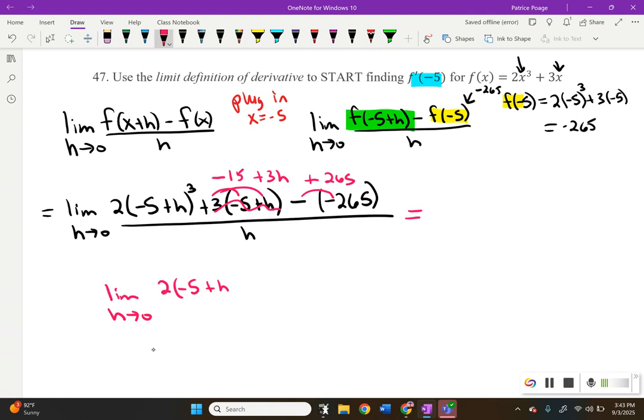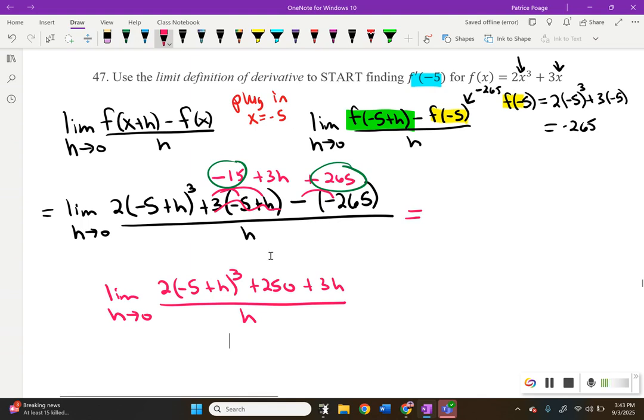I can combine negative 15 plus 265, and that gives me plus 250 plus 3h, and that's all over h. But that's as far as I can go without having to start foiling out this term right here.